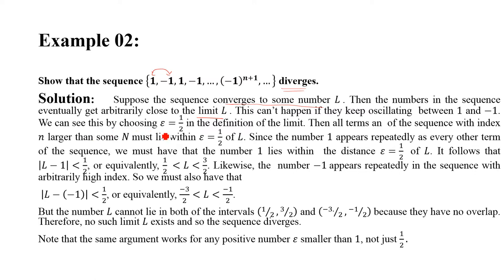So we can see by choosing epsilon equal to 1 over 2, or any epsilon which is less than 1, in the definition of the limit, then all the terms of the sequence with index n larger than some N must lie within epsilon, which is 1 over 2, of L. Since the number 1 appears repeatedly as every other term of the sequence, we must have that the number 1 lies within the distance epsilon equal to 1 over 2 of L. So it follows |L - 1| is less than 1 over 2, or equivalently L lies between 1 over 2 and 3 over 2, right?